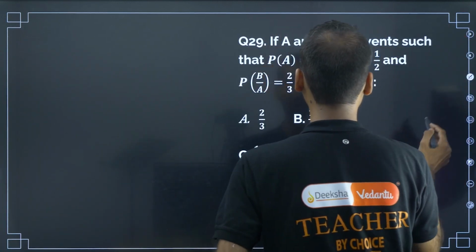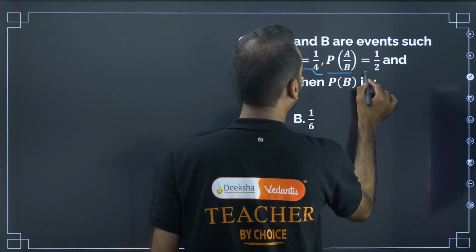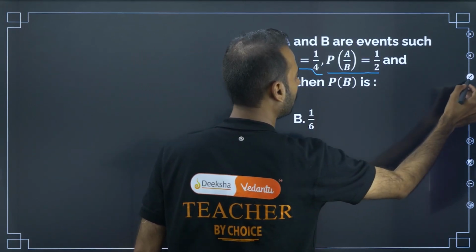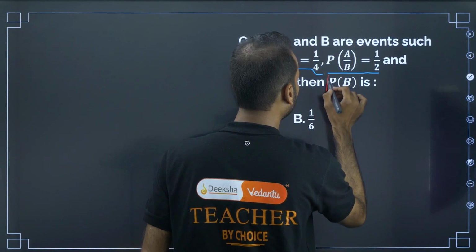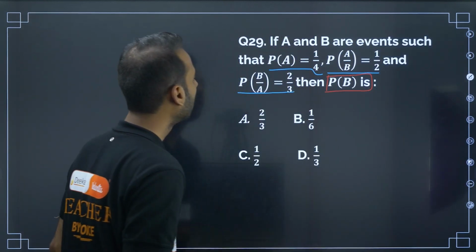If A and B are events such that P of A is this much, P of A given B is given, then P of B is what? So how to solve?